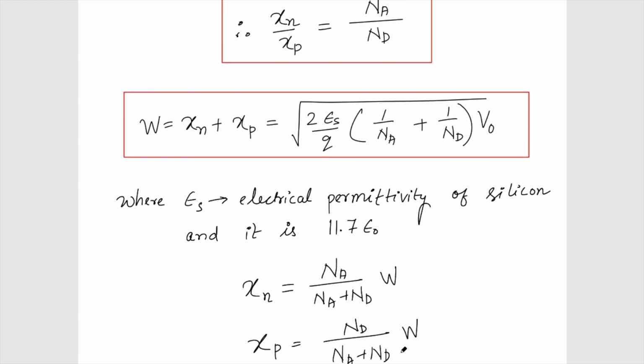Okay, so till now we have discussed a PN junction in the equilibrium condition when no external voltage is applied across it. So let's try to understand a PN junction with an applied voltage.